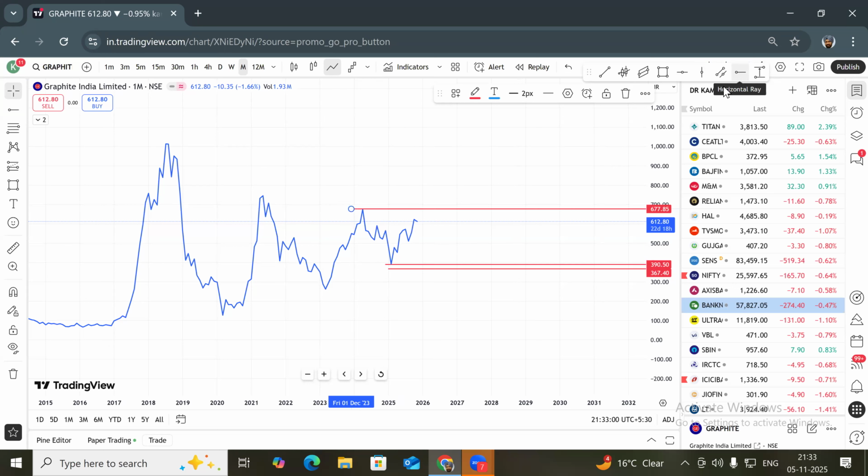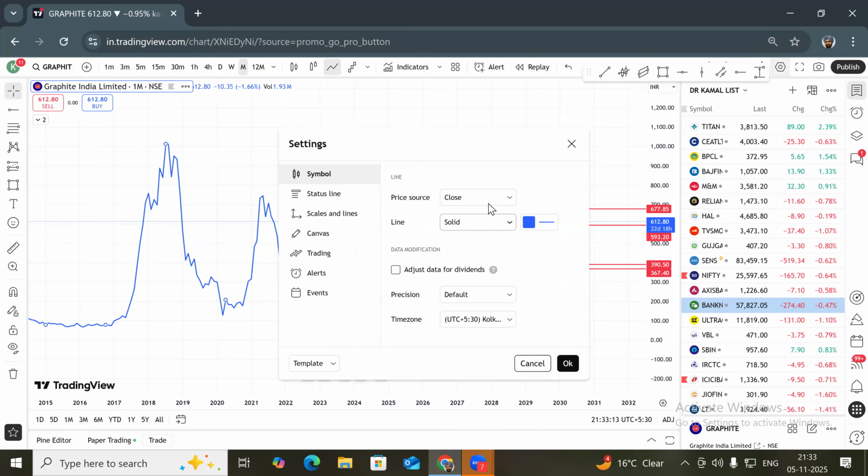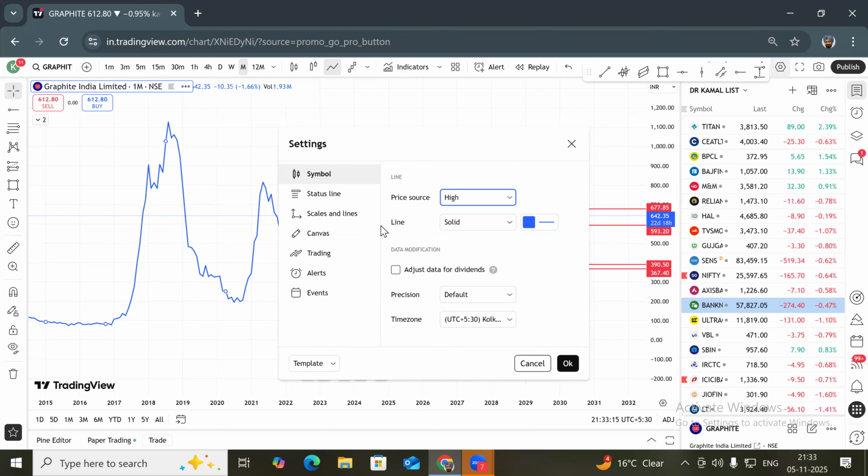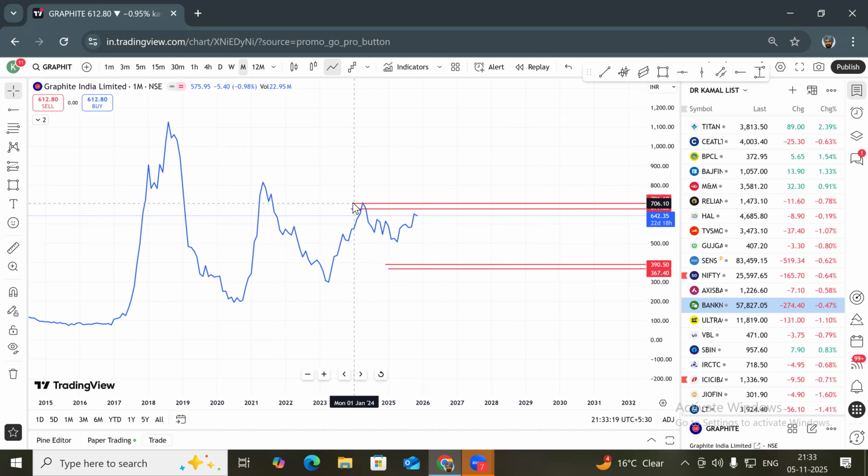Resistance, sorry. This is your next resistance level coming, a flip level you can call it. Now we convert it into marking the second line. This is the high, and I will just place this line here. This is of no consequence.